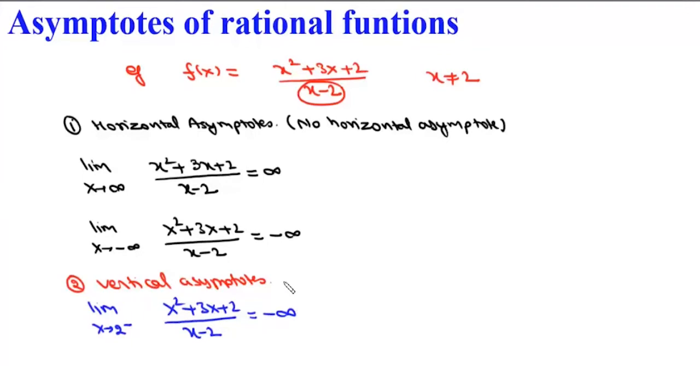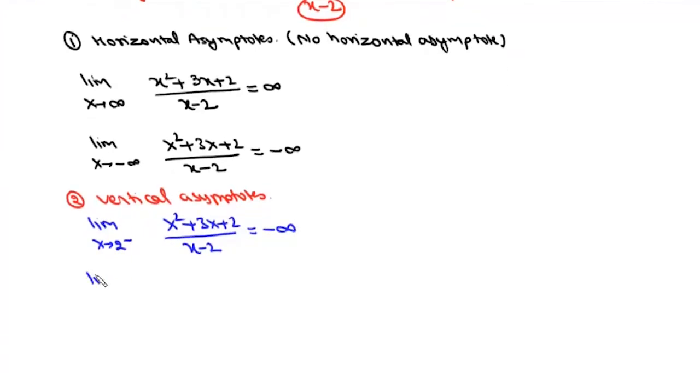And we find this limit x tends to 2 positive, it will be x square plus 3x plus 2, and this is x minus 2. Now in the neighborhood of 2, this numerator is positive, and this is 2 plus h, so it will be this h. So a positive value upon h is simply plus infinity.